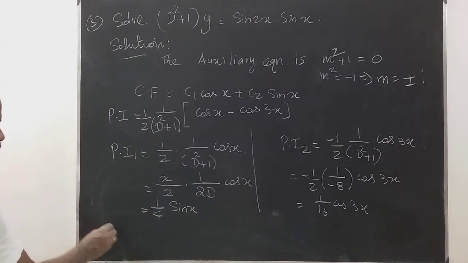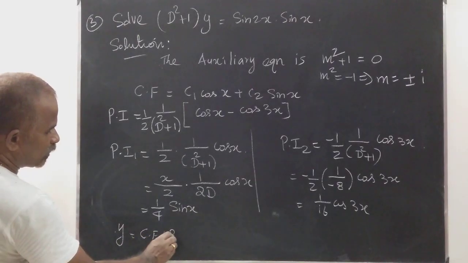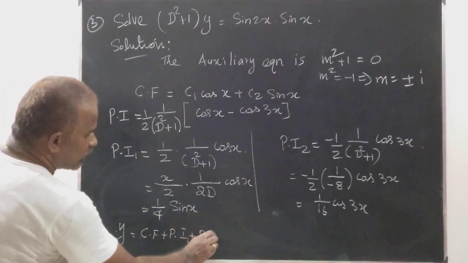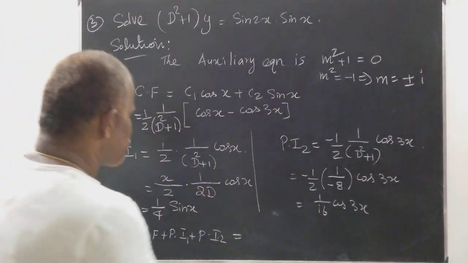So therefore the general solution is y is equal to complementary function plus particular integral 1 plus particular integral 2. What is the complementary function?